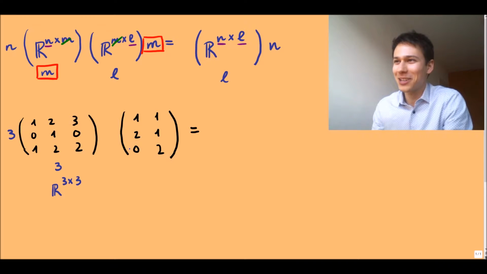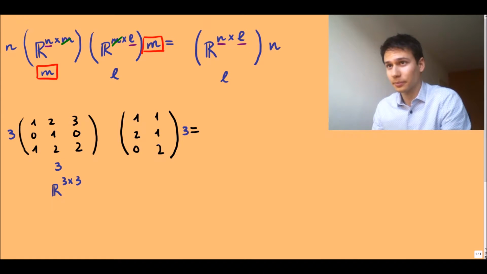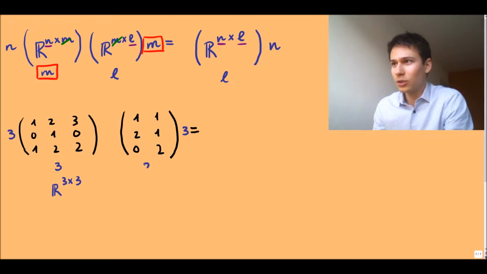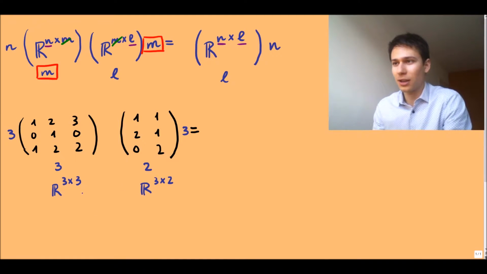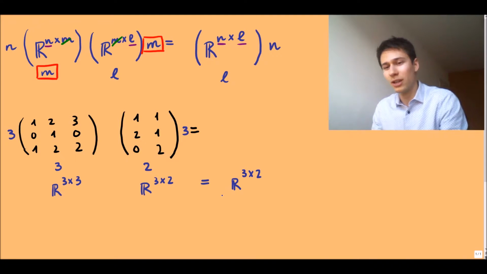And this second matrix has 3 rows as well, but only 2 columns. So this would be an R^(3×2) matrix. So if we multiply these two matrices, what we would get is an R^(3×2) matrix.